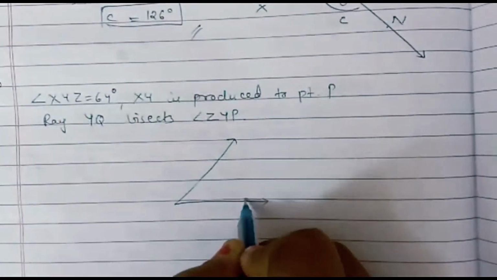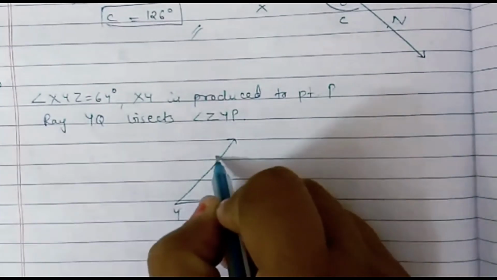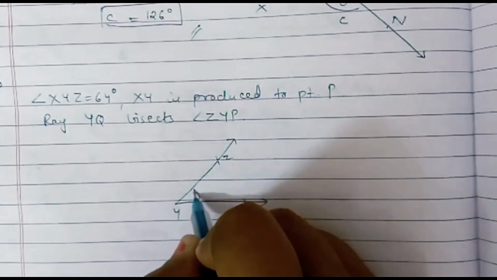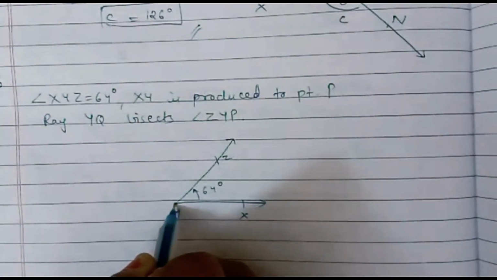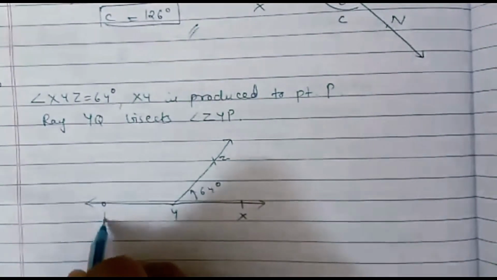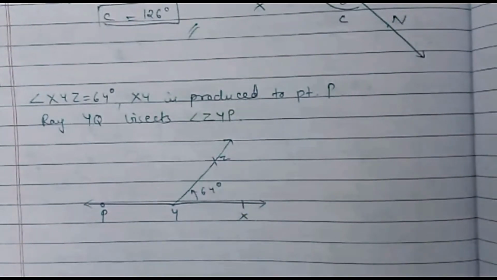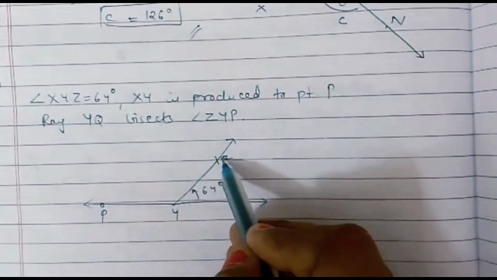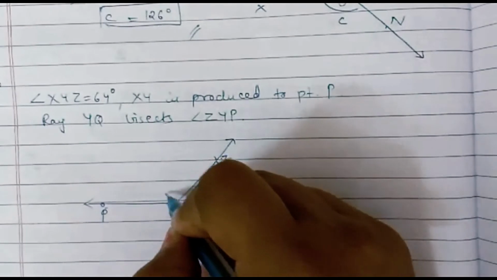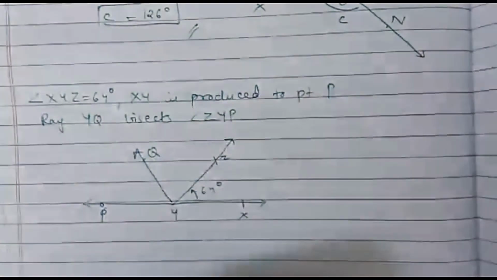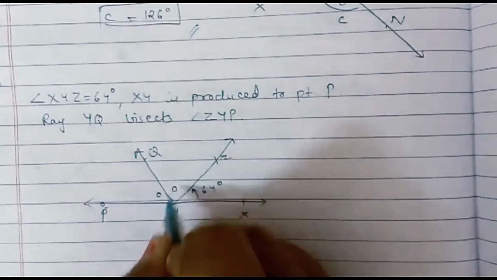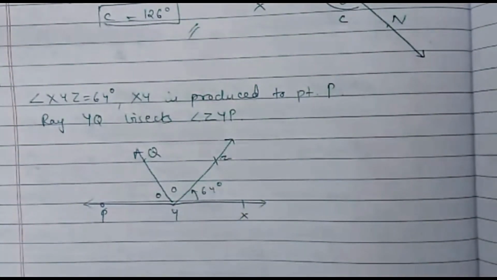So this is your X, Y and Z, which is 64 degree. Now XY is produced till P, means we can increase it till point P. Now YQ is bisecting angle ZYP, so we will be having maybe YQ here. So this is your YQ which bisects angle ZYP.